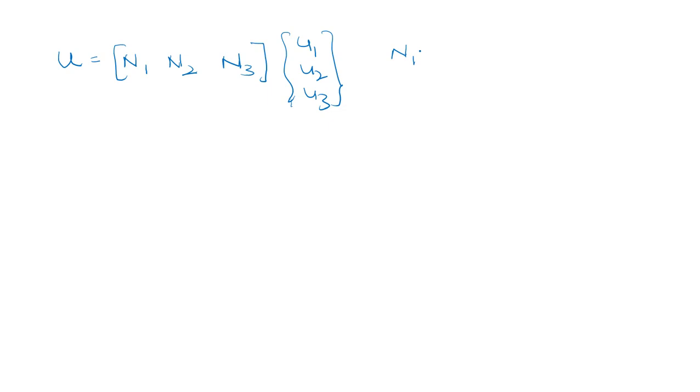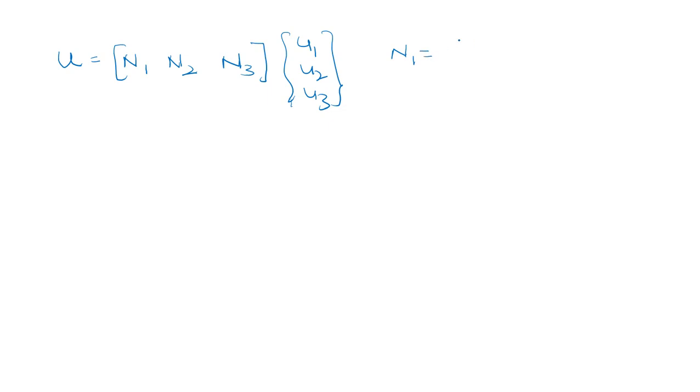Now we can write it as simply u is equal to N1, N2, N3 times u1, u2, u3. You can write it like this. Now what is N1 here? N1 means shape functions.